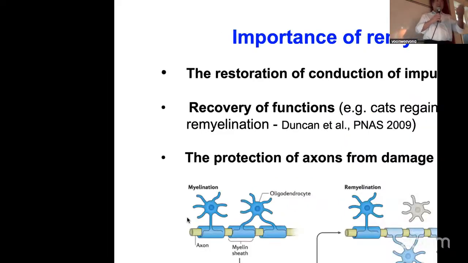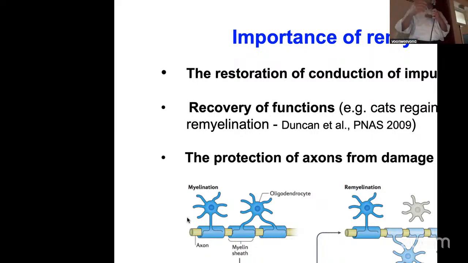And of course, many have already gone over this morning, and I see it on the abstracts outside as well, that many of you work on remyelination, and you know the importance of remyelination: the restoration of conduction of impulses, recovery of function at best, but more realistically the concept that remyelination can protect the underlying compromised axons from degeneration because of the exchange of molecules.